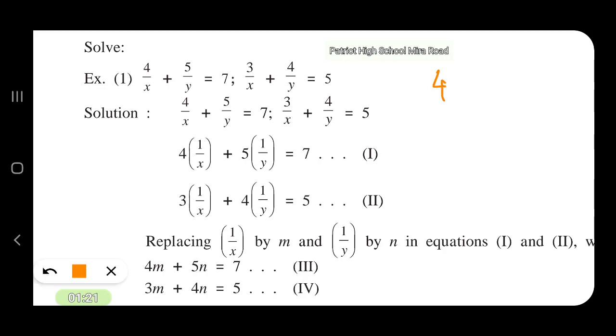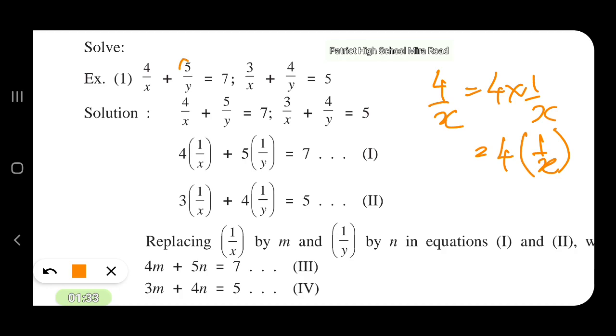Four upon x can be written as 4 multiplied by 1 upon x, which is 4 into bracket 1 upon x. Similarly, 5 upon y can be written as 5 multiplied by 1 upon y. So we have two new variables.